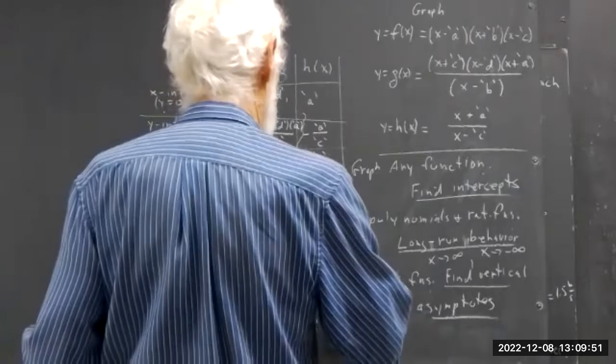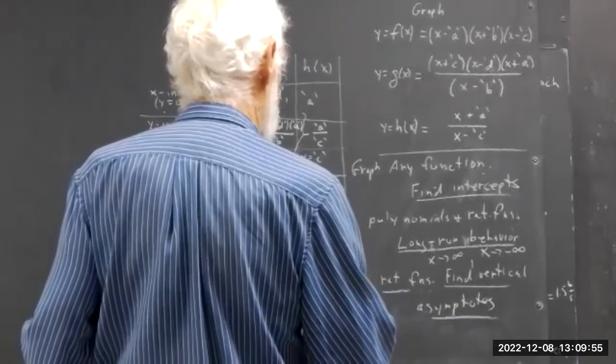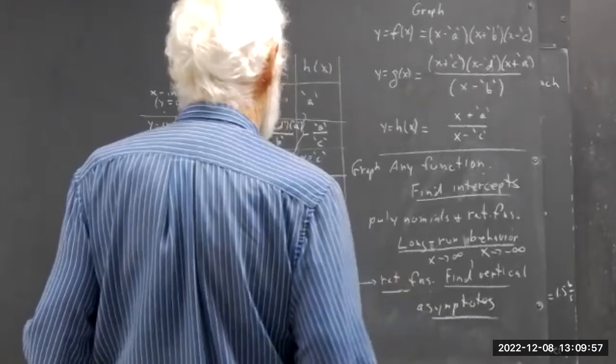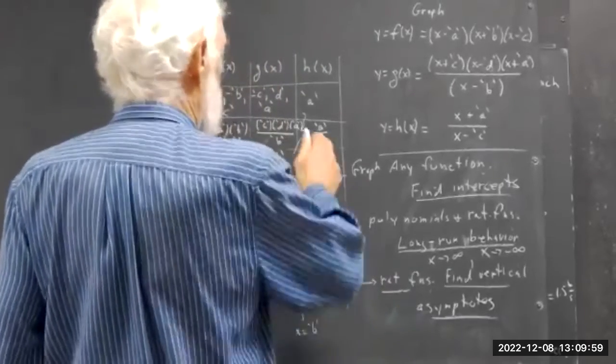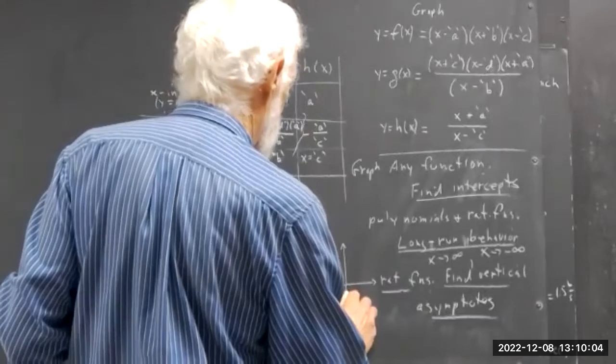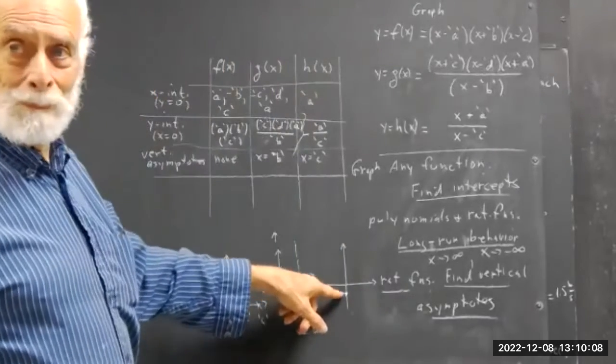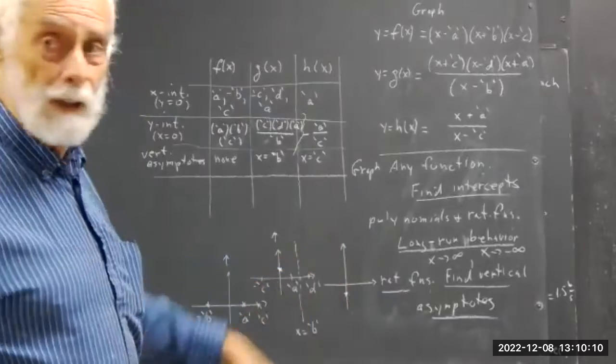Down here, this one is actually a little simpler. You've got your y-intercept, which is negative A over C, so you're going to put that below the x-axis. When you figure out what the number is, you'll label your y scale accordingly.